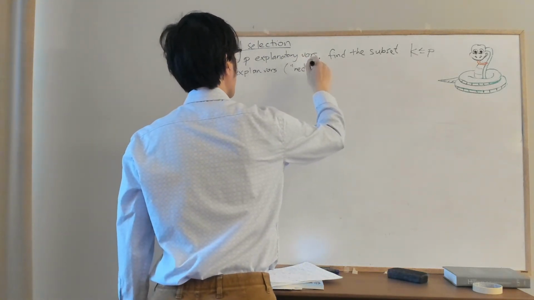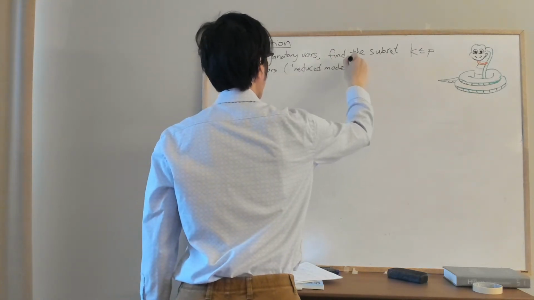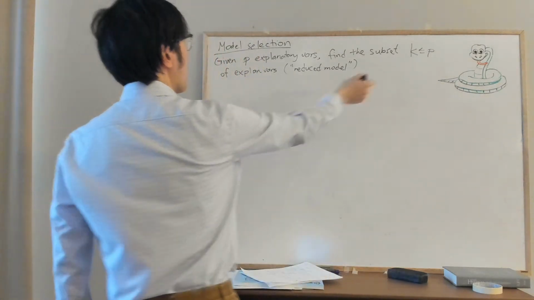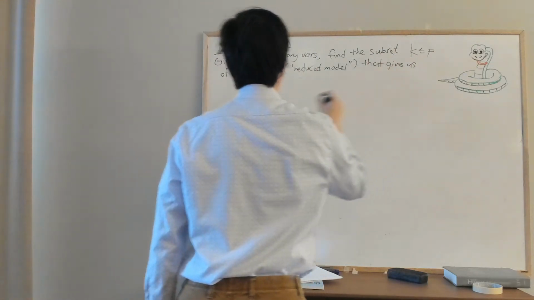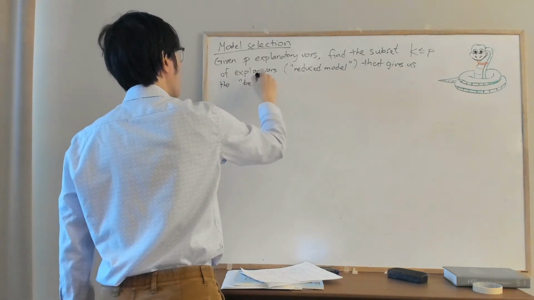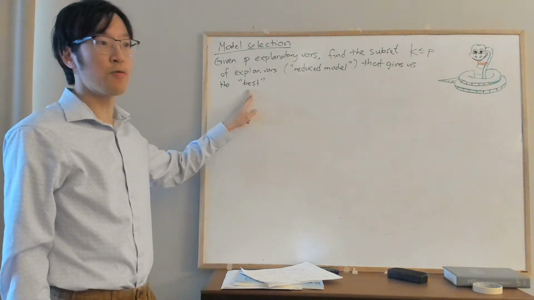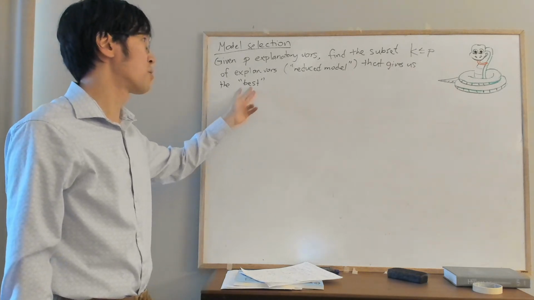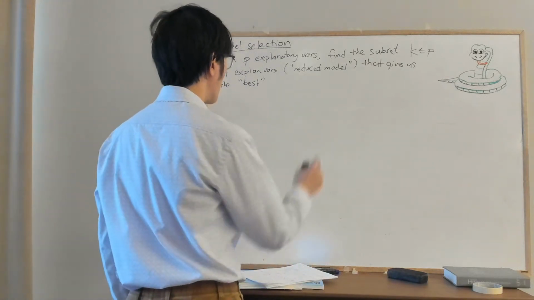We can think of this as a reduced model that gives us the best. I'll have to define what we mean by best, and of course we're going to have to develop some metrics for how we decide which is the best subset of variables to use as predictors for the best model.